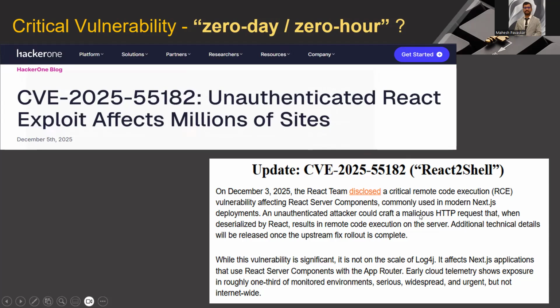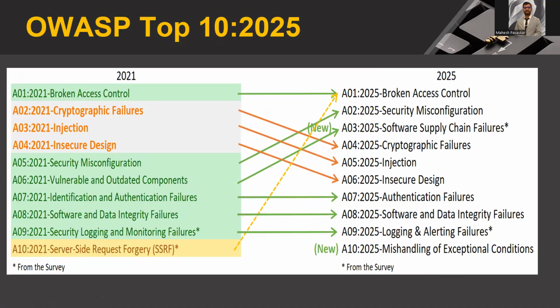When you talk about this CVE, I try to correlate it with the OWASP Top 10. Recently we got the OWASP 2025 survey, and we already have the 2021 survey. Personally, I believe this vulnerability comes under A06-2021, which is vulnerable and outdated components.